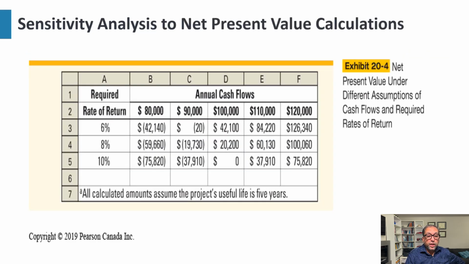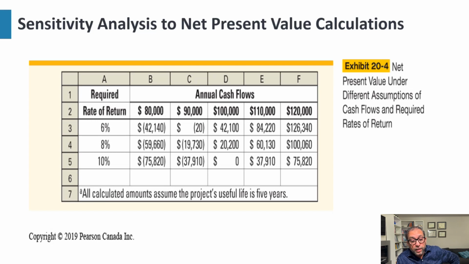So here is a case: if the cash flows are reduced from $100,000 to $80,000, then with the rate of 8%, there is a negative NPV. And if the cash flow is 90,000, not 100,000, then the NPV is again negative.